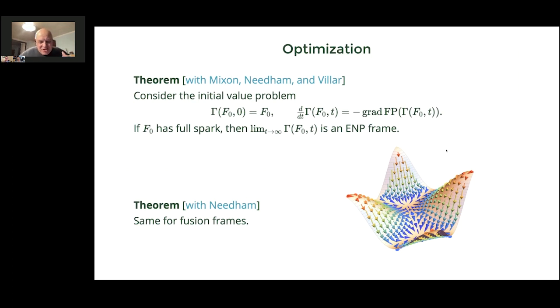So I guess these numbers in reality in communication technology might be very large, aren't they? Yeah. One thing to say is this gives you another way of coming up with lots of examples of these things. You just take any d-billion matrix and follow this gradient flow, and you will limit to one of these equinorm parallel frames. So that's a nice upshot, that it's in some sense easy to construct these things.